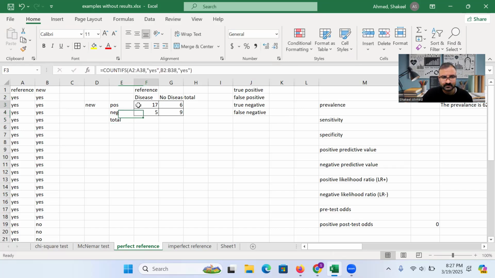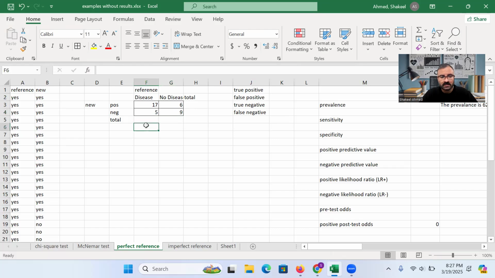So this is the true positive. This is called the number of true positives, as these individuals have the disease and they are tested positive, and these are the false positives, as these are tested positive but have no disease, and these are false negatives, as these individuals have the disease but they are tested negative, and these are the true negatives.